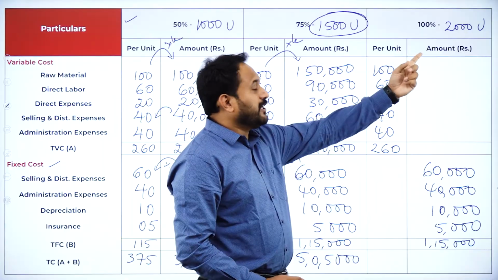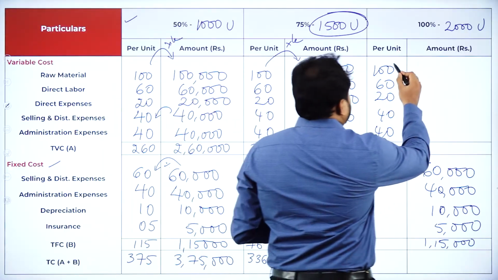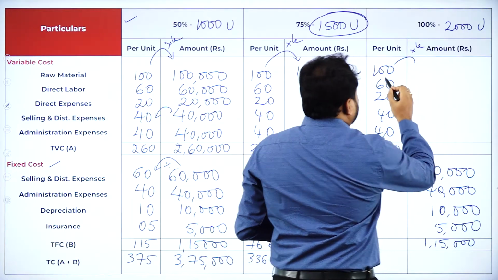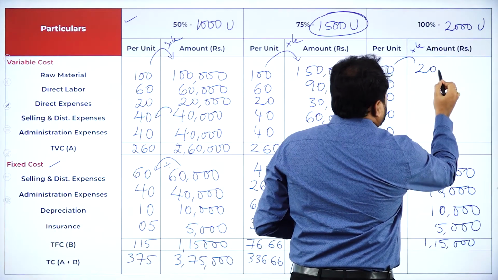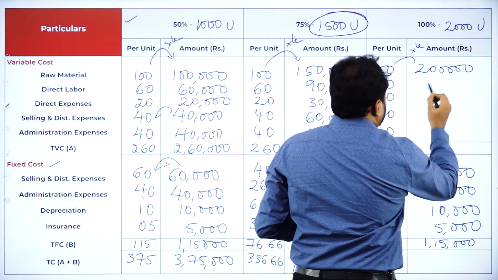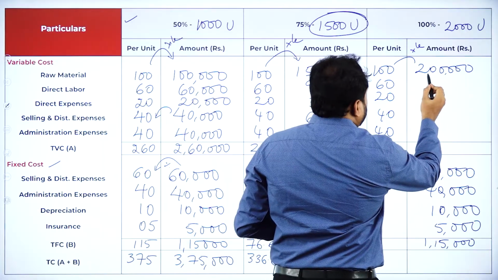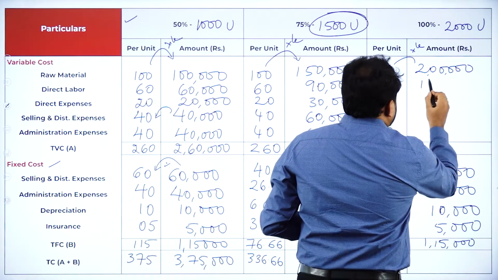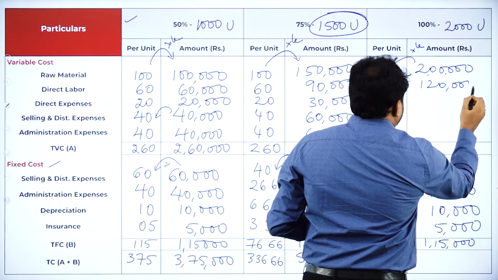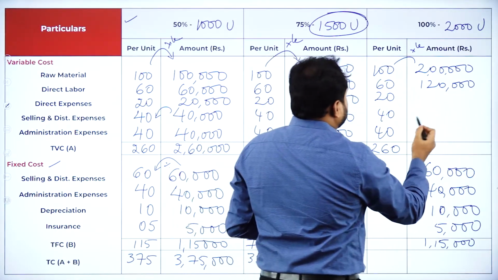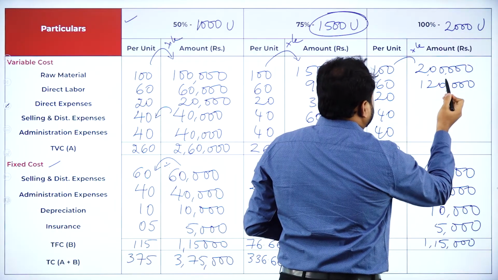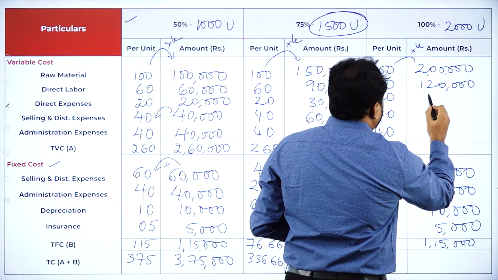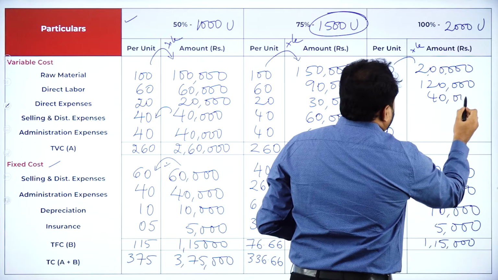Now 100 into 2,000. Let's go with this. Again we'll multiply. So whatever it is here, it is 2 lakh. You got 2 lakh here. Done. Now 60 into 2 is 1,20,000. 20 into 2, 2 2s is 4, so you got here 40,000.